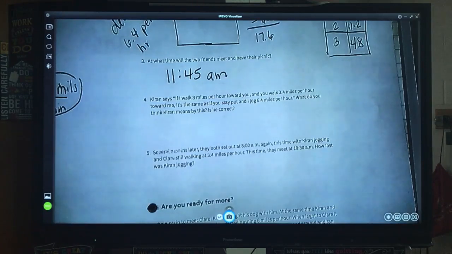He understands it. He means that if they put... and he said they should get there at the same time.